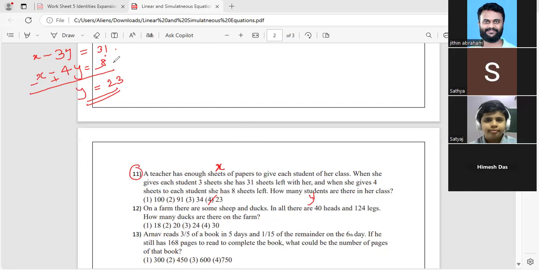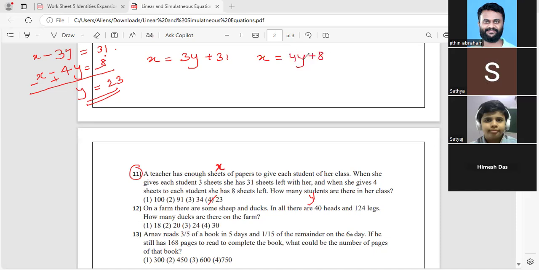What he's trying to say is the total number of students is the same. The teacher distributed 3y sheets and she's left with 31. So the total number of sheets she distributed plus whatever she's left with is equal to the total number of sheets, which is x. On the other hand also, the total number of sheets is equal to 4y plus 8.